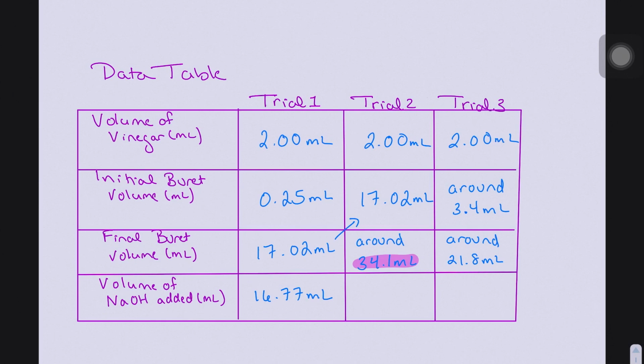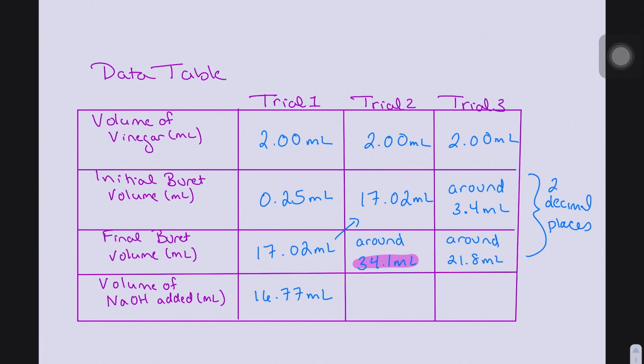Remember, in all of these, you need 2 decimal places. So it could be 34.0 something or 34.1 something.